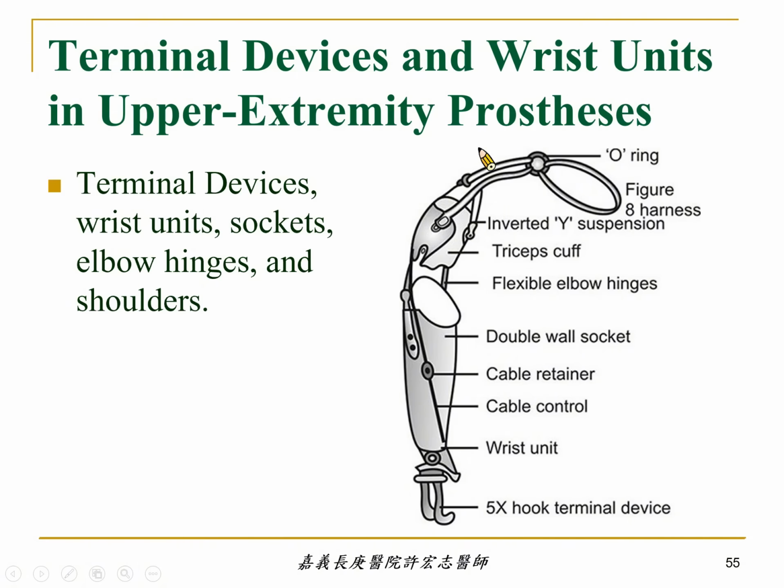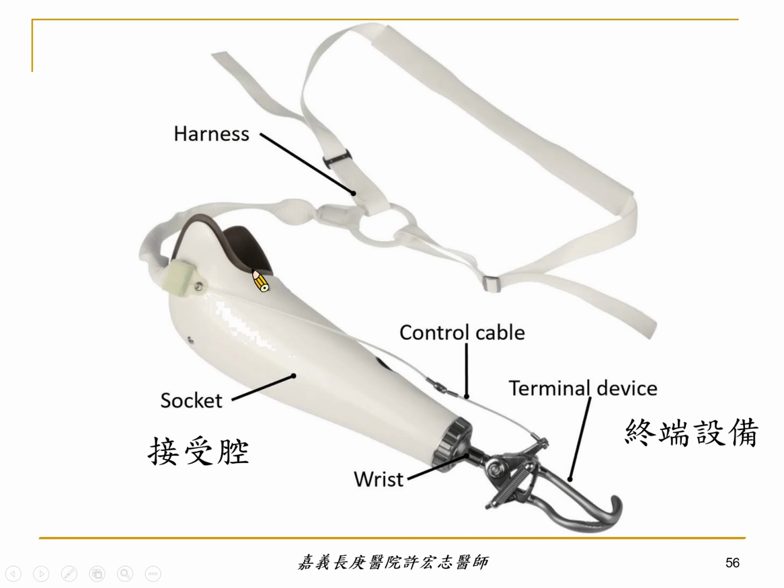As for the shoulders, you can see there is a strap, which can attach to your neck or to your chest, which helps to fix your upper limb prosthesis. We call that the harness. So the terminal device, the socket, the hinge and the harness are the commonly seen units in upper limb prosthesis.